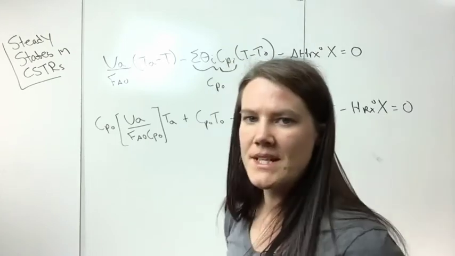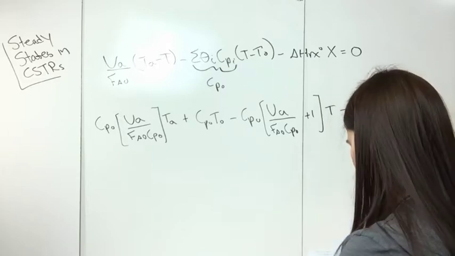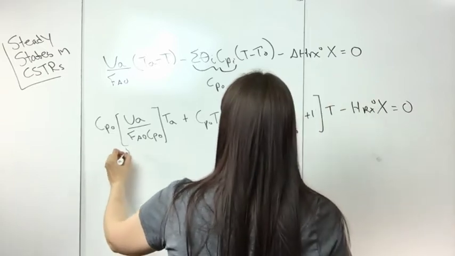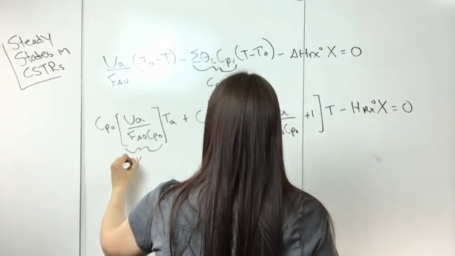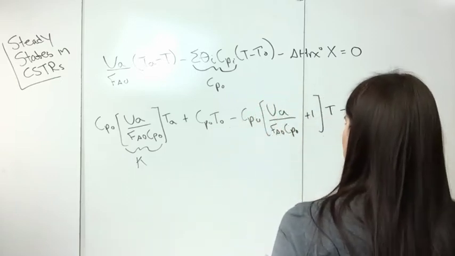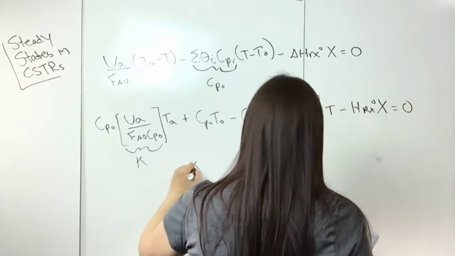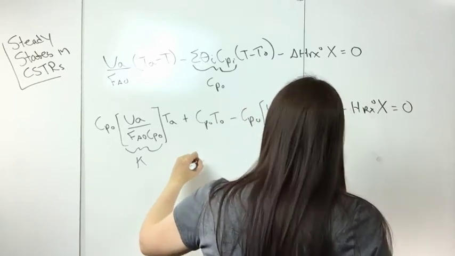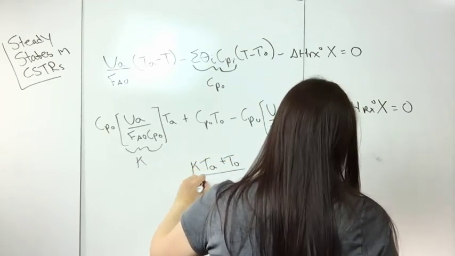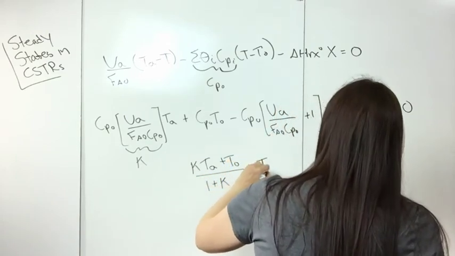So then we can just make up some variables to kind of simplify this equation. First of all, I'm going to say that this UA over FA naught Cp naught is kappa, and that kappa TA plus T naught over 1 plus kappa is equal to Tc.